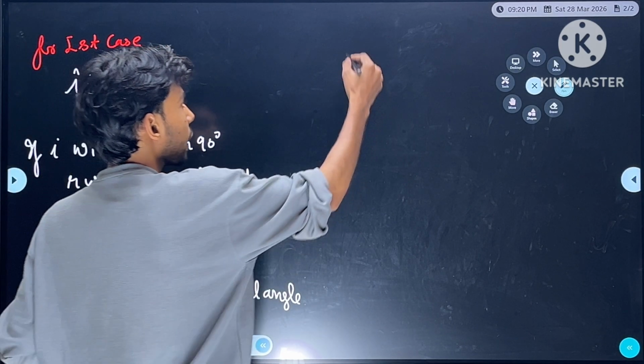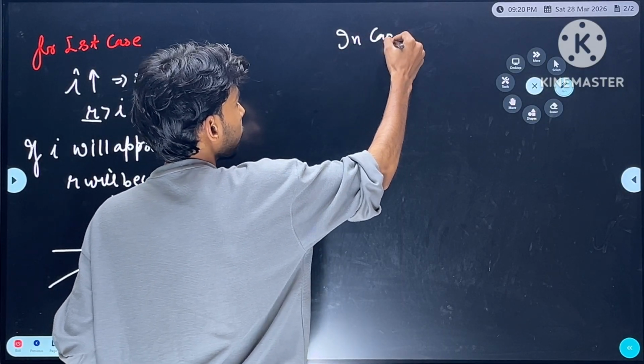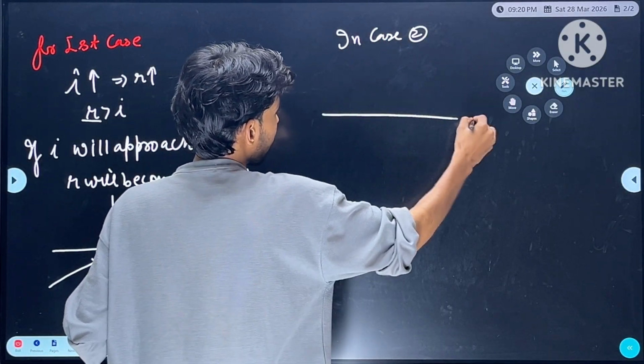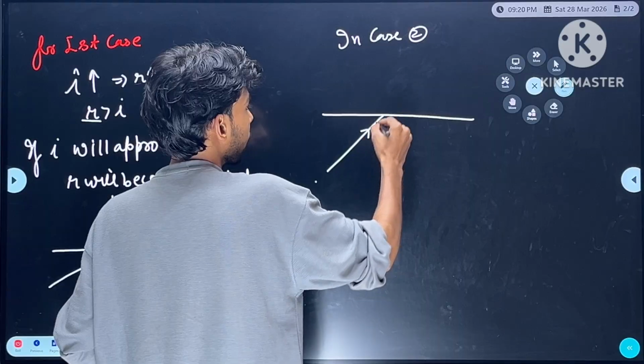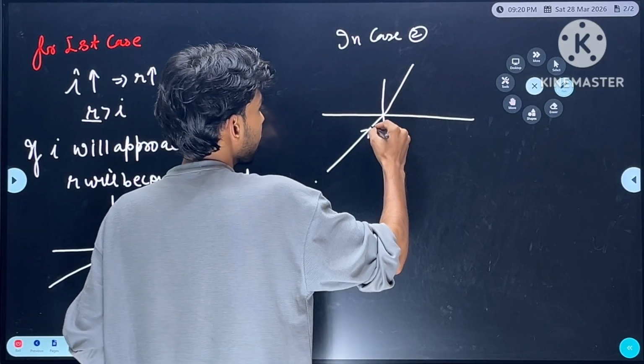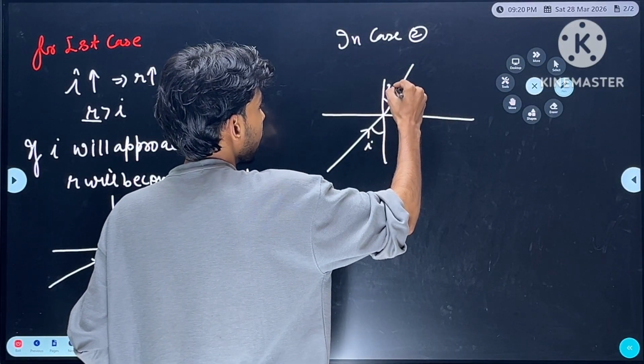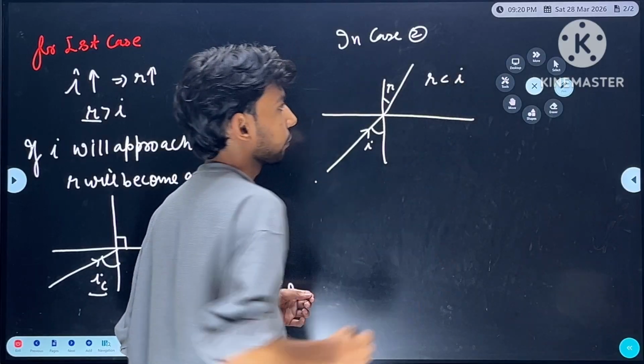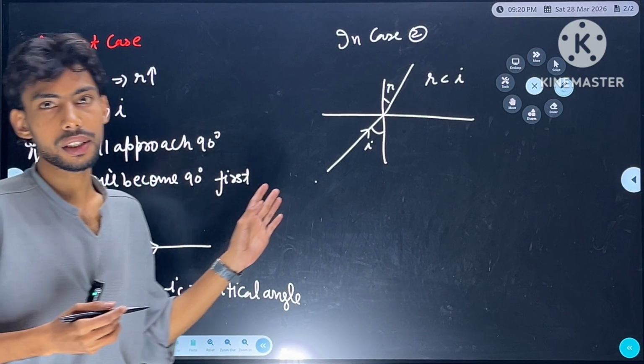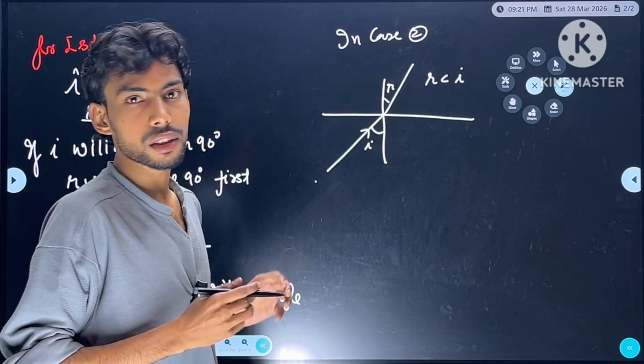But in the other case, case second, that was the boundary where the light ray was incident from rarer medium to denser medium, such that this R was always less than I. So if I am increasing I, R will increase here also, because for both cases Snell's law is valid.